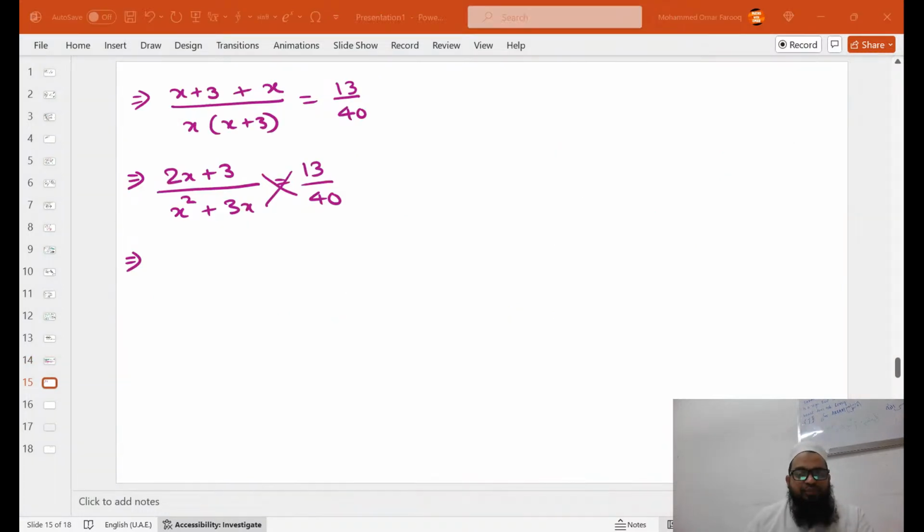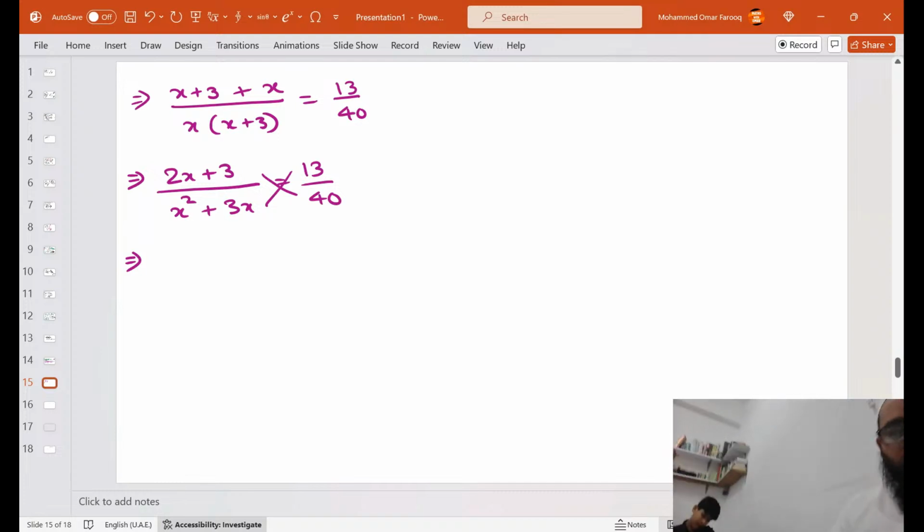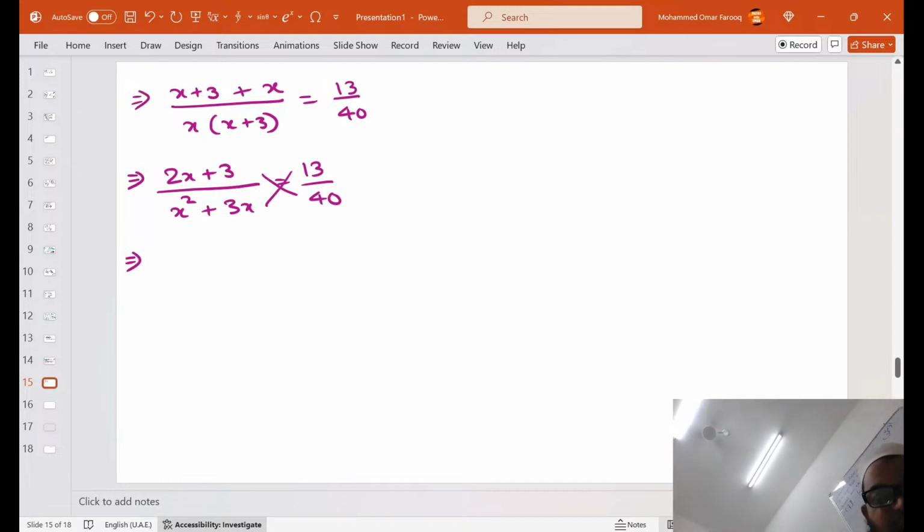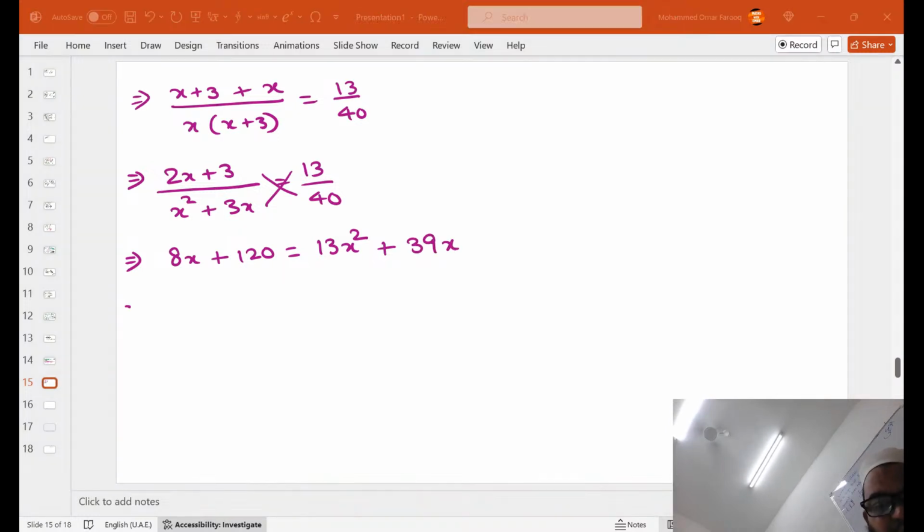So when I take LCM, you take the LCM of that and transpose it. So 40 into 2x is 80x, plus 40 into 3, 120. Now 13 into x square is 13x square, plus 13 into 3, 39x.